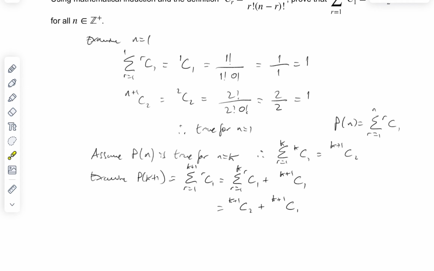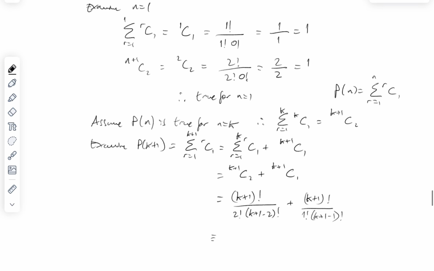And let's go back again and see, we should be able to use this bit here to work out what that is. So that is k plus 1 factorial over 2 factorial and k plus 1 subtract 2 factorial, plus k plus 1 factorial over 1 factorial, k plus 1 subtract 1 factorial.